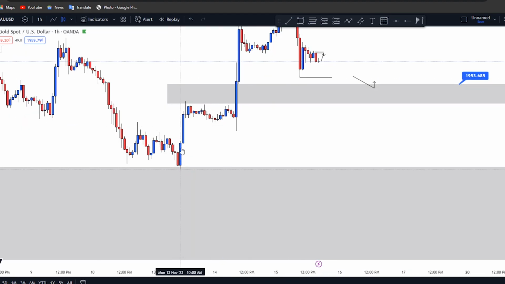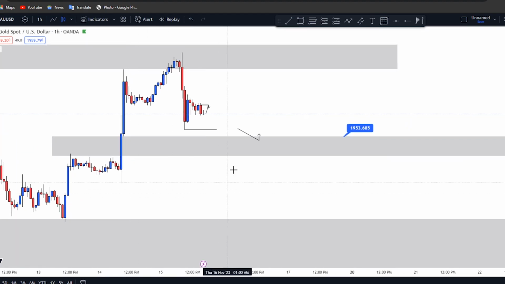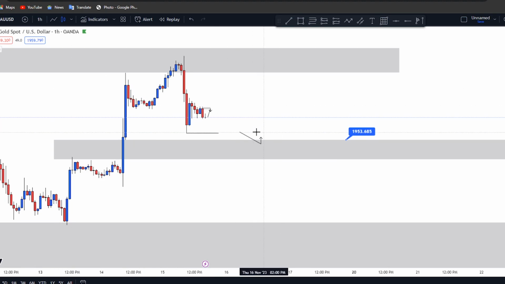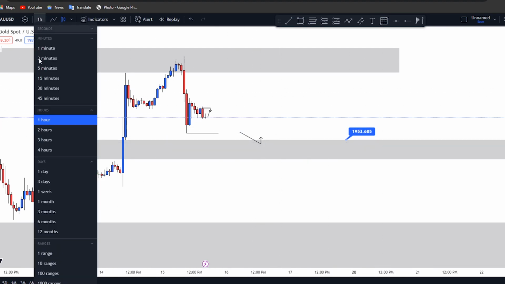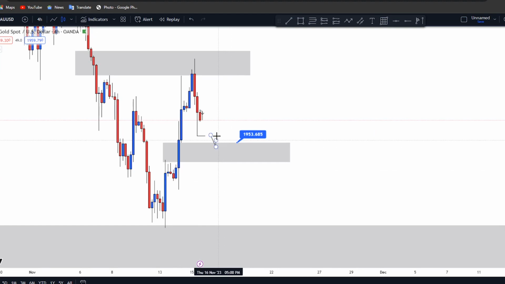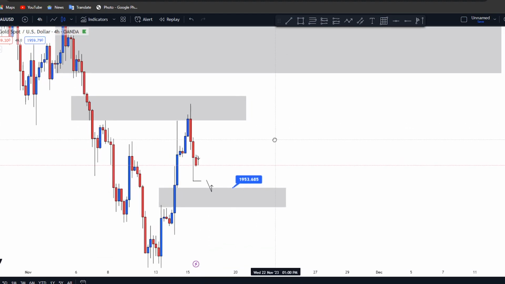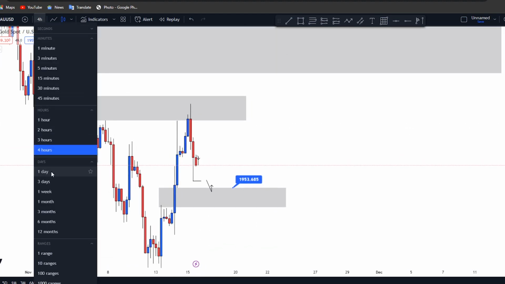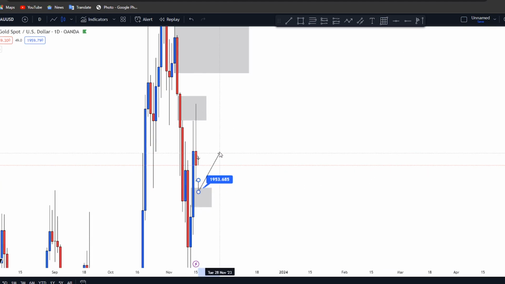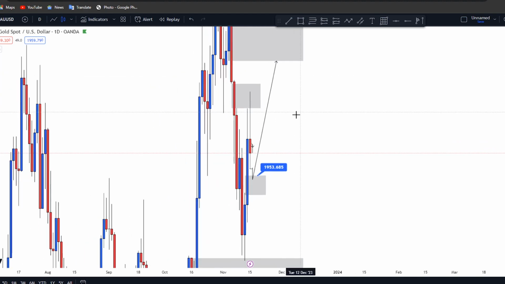As you can see here, from the same thing like what happened here on the daily, it could penetrate more or whatever, and as long as it breaks outside, and then once that happens, I'm going to look for entry. And then once the 4-hour closes after that, if it closes outside bullish, then that's a good sign for me to continue that trade from there to this daily area here, or to this daily fair value gap between these two candles, which would take me up to 1983.